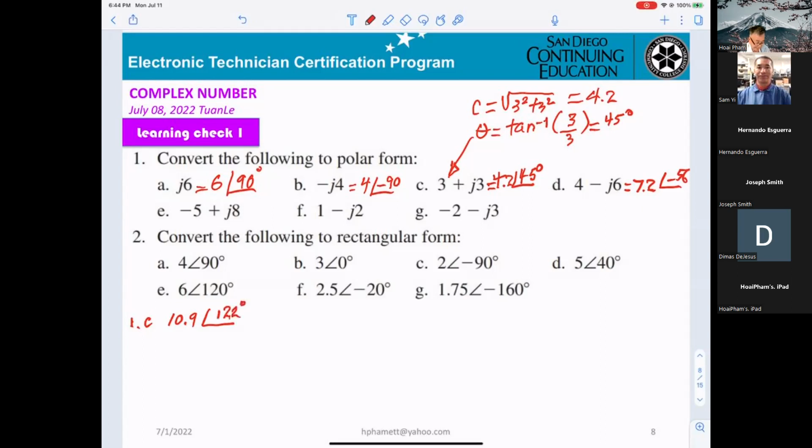Anyone get the same answer? I missed that, which one was that? Number C? No, number E. Sorry.